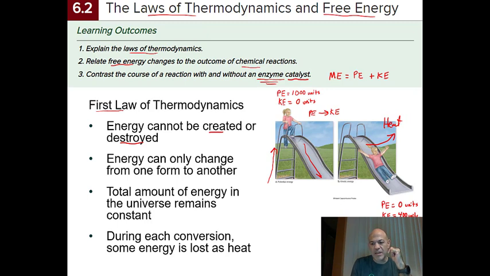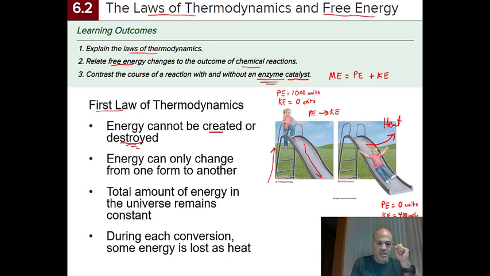So here, we seem to be short 600 units. We didn't destroy it. What happened is that you generated 600 units of useless energy. It gets released out into the environment as just random useless energy. So what seems like a violation of the first law of thermodynamics is not.